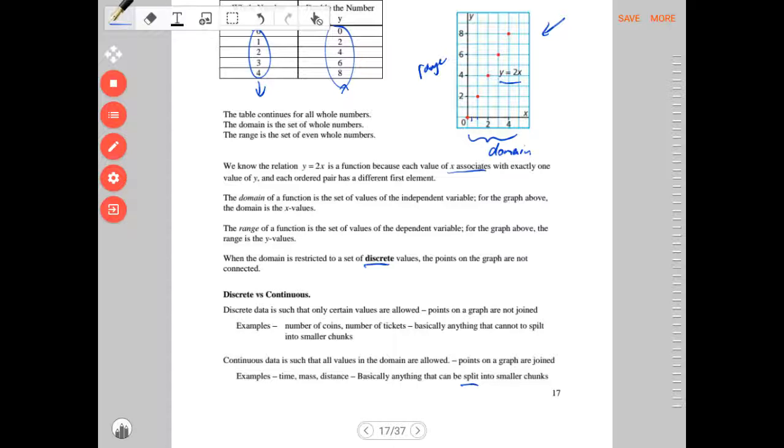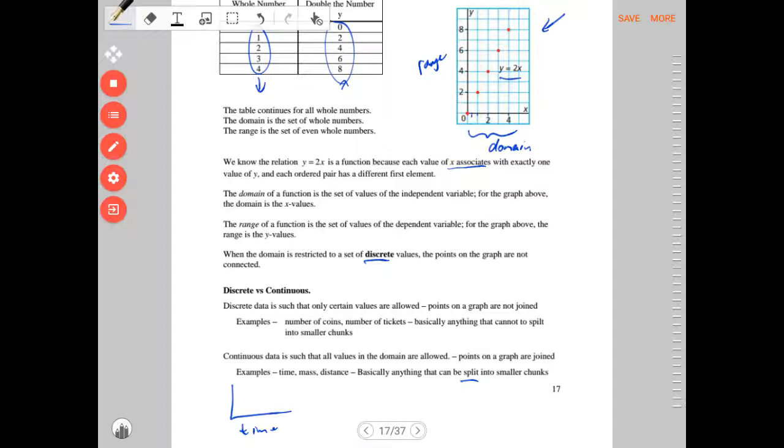So if we have time on the bottom, then all of these points would be allowed because I can be 1 second, 2 seconds, 1.5 or 1.25. I can be all those little points in between, so I can connect the dots.